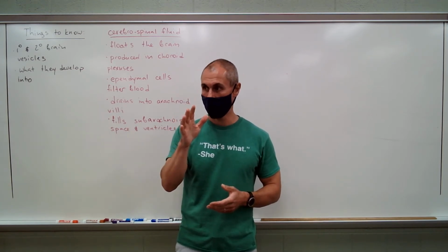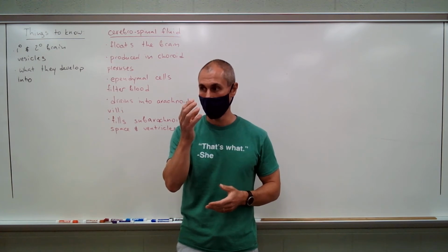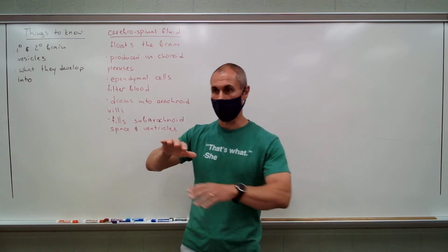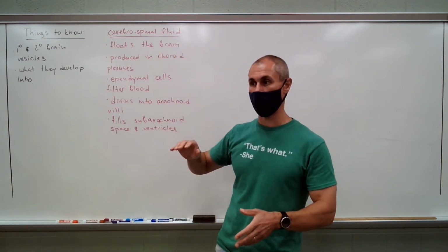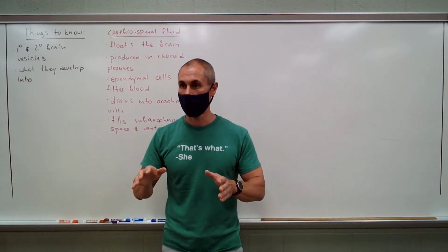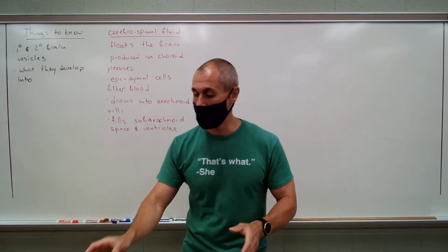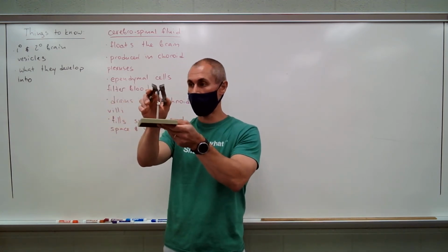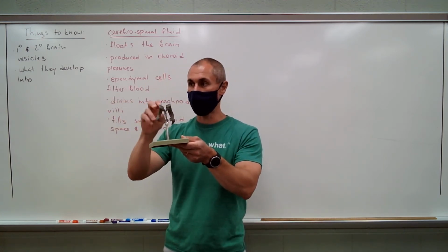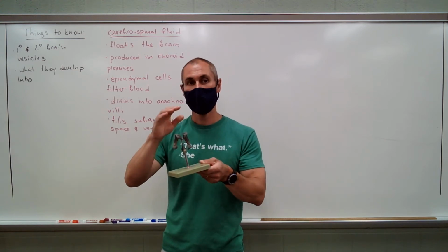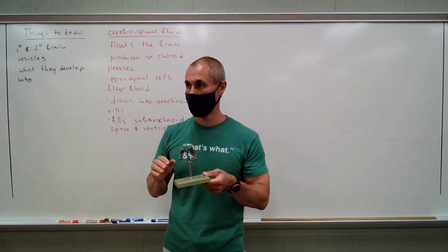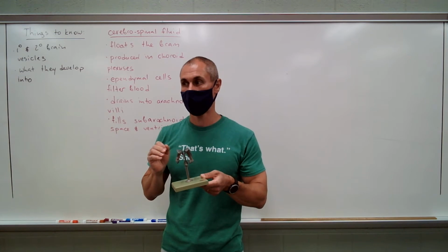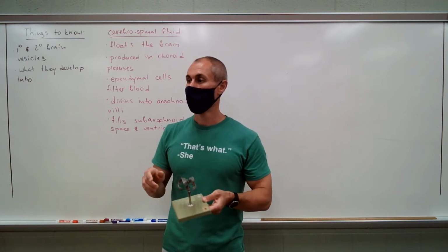Are you following me? Liquid plastic. This liquid plastic takes the space of cerebrospinal fluid and then solidifies. You remove all the brain tissue and this is what you see. This is the plastic that has solidified inside the ventricles. Does it make sense?